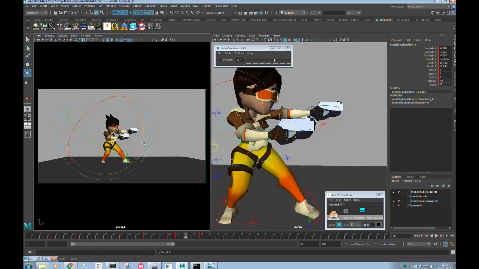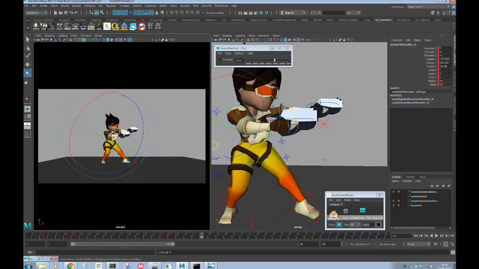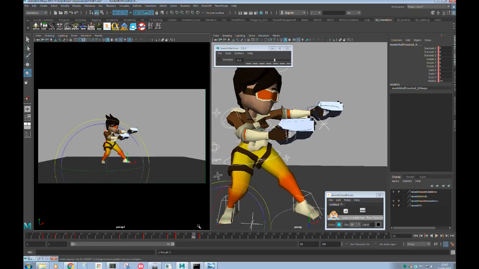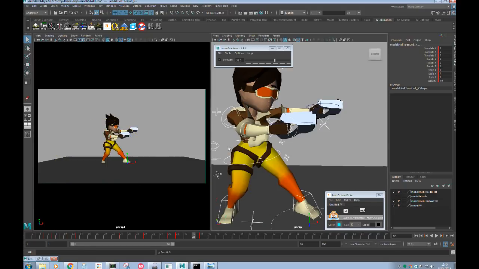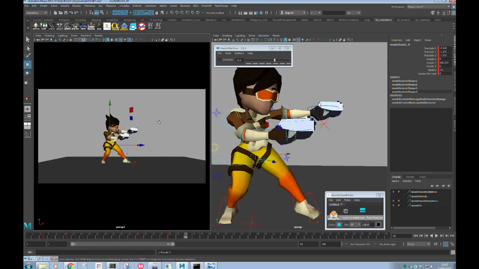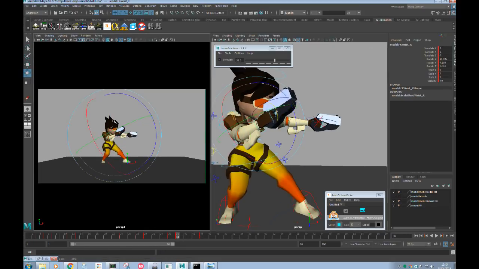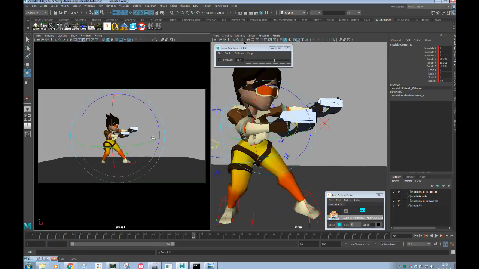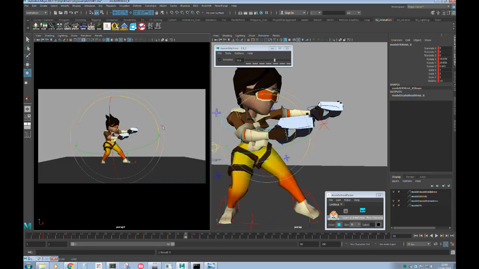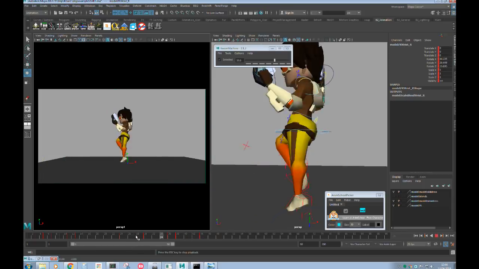Probably want this arm to overshoot there. And then again, stick another ease in. Overshoot up a bit. I just tweak that.